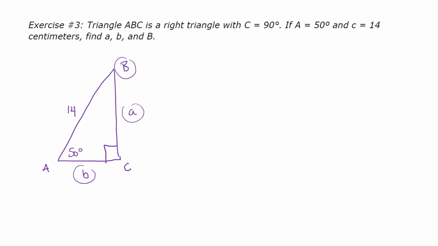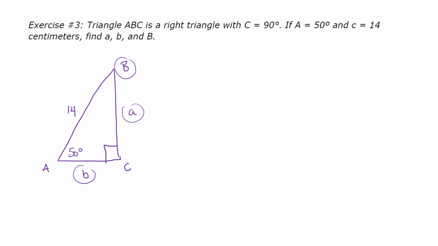So let's first find angle B. I know angle B is one of the 3 angles. I know that my right angle here is 90, and I also know that the total angles within the triangle equal 180 degrees.